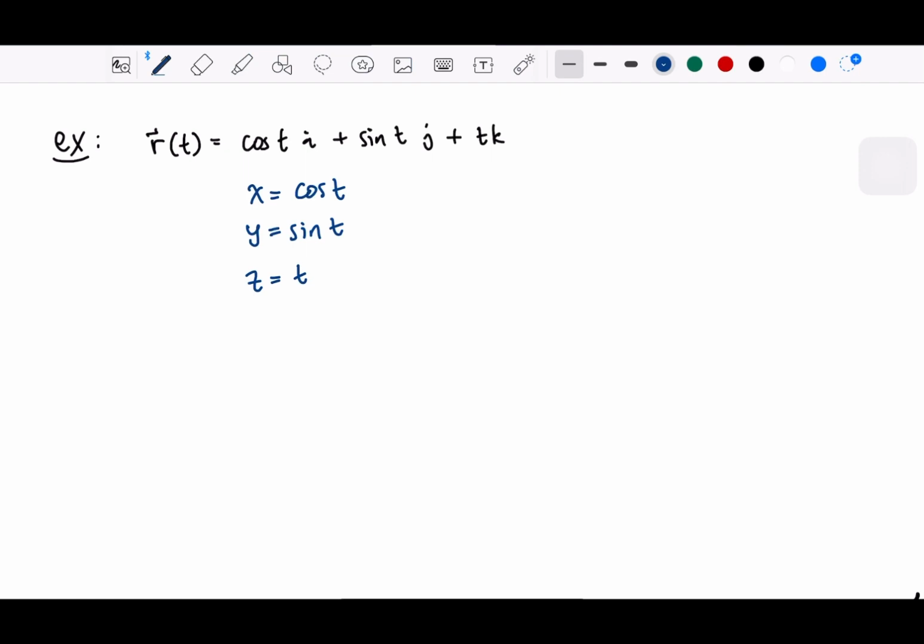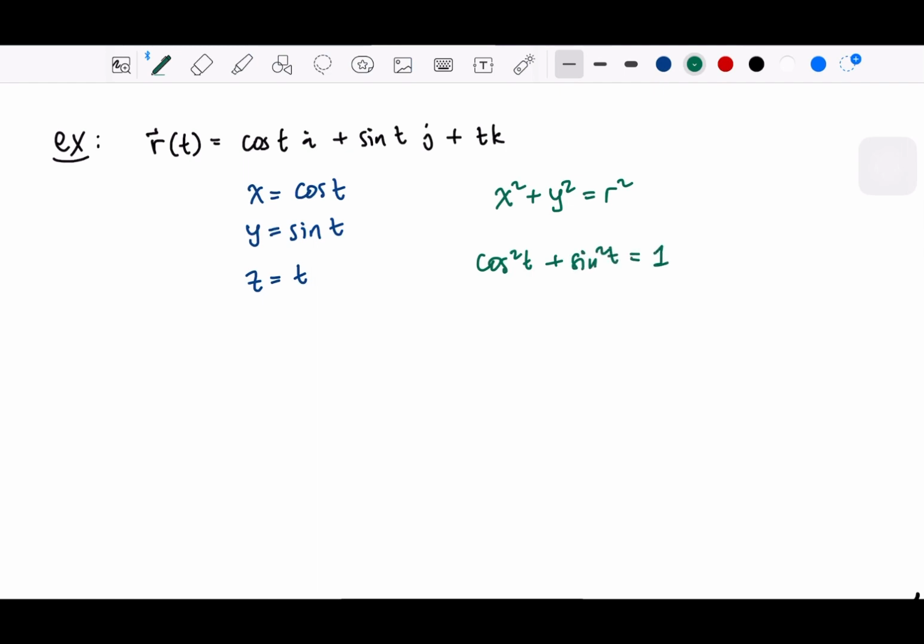Remember that in parametric form, we can convert cosine and sine into our Cartesian curve. With the help of polar equations, x squared plus y squared equals r squared, in which we have cosine squared t plus sine squared t, and this will equal 1.